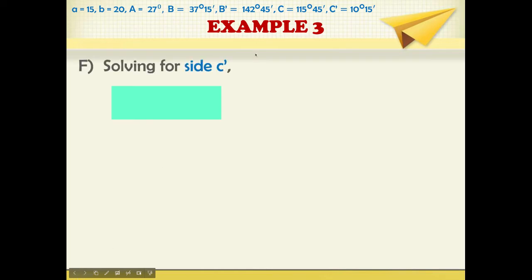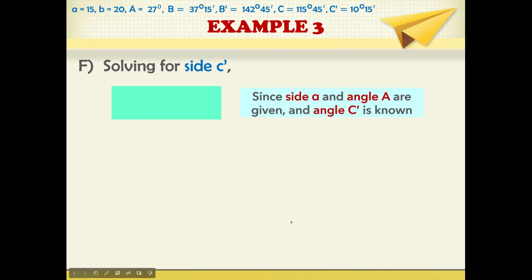So to solve for side C prime, since side A and angle C prime are known, therefore we will have to use this proportion.